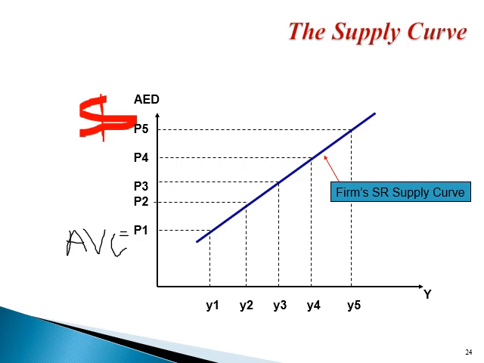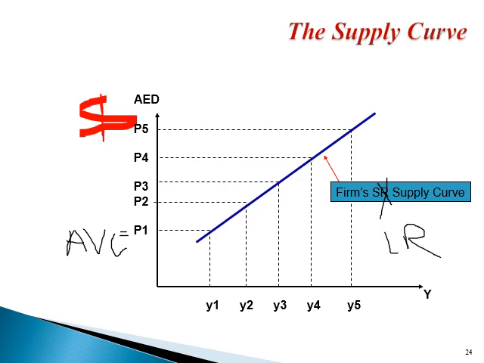What is shown here in that graph is the firm's, actually it says here short run, but it should be long run. I'm sorry for that. It could be the firm's short run supply curve if P1 is equal to the minimum of average variable cost.